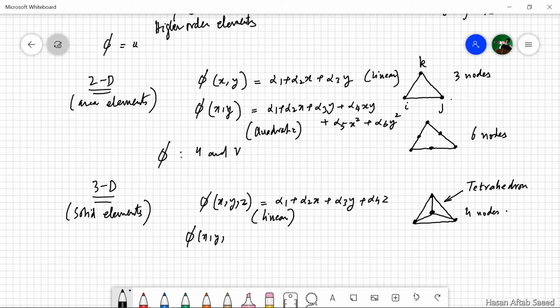Again, a function of x, y, z. It's a long one, alpha 1 plus alpha 2x plus alpha 3y plus alpha 4z plus alpha 5xy.